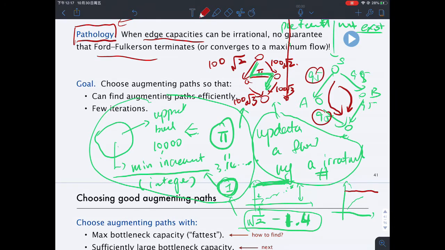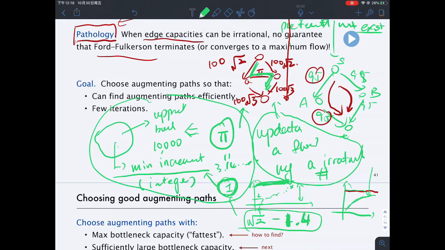But that really just says this monotonically increasing flow will converge to some number. If you look into your real analysis, if you have a sequence of numbers that's monotonically increasing and bounded above, eventually it will converge. But it doesn't say that it will converge to the right number, right?